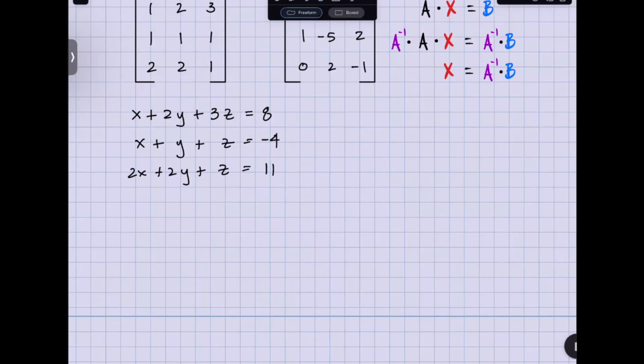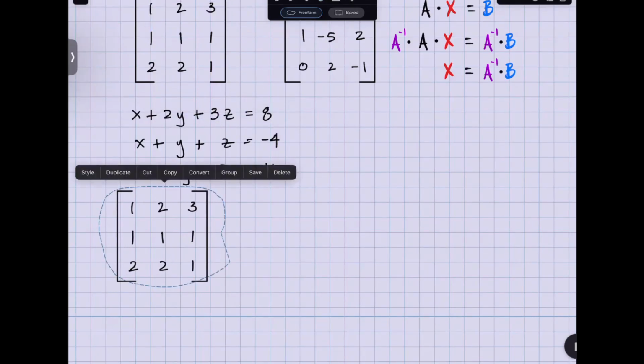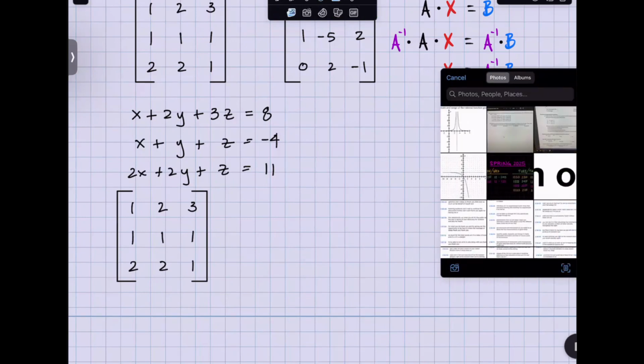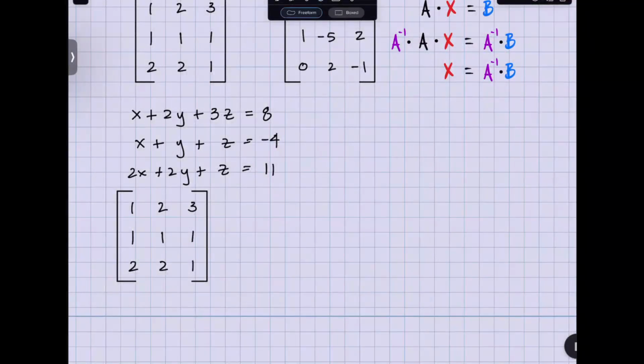So essentially what I have here is this matrix, which is what's on the left side of the equal sign, times, let me do this. No, I don't want that.